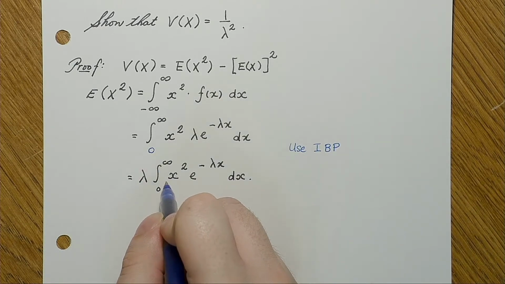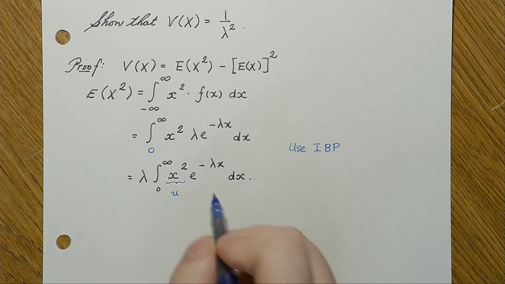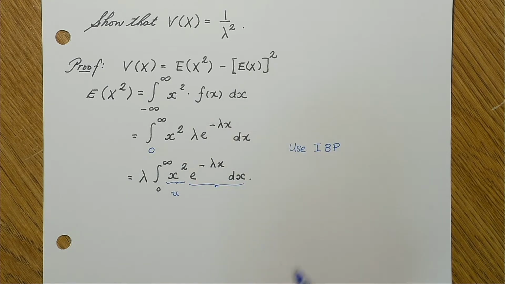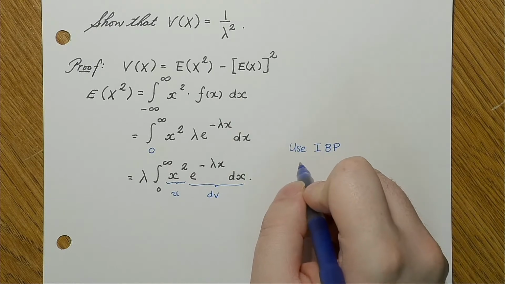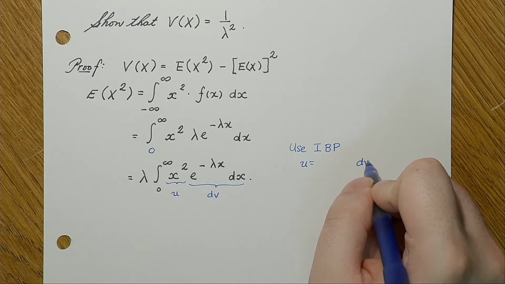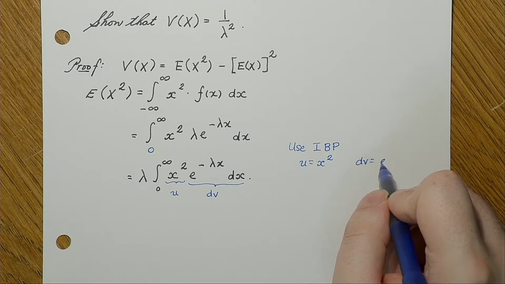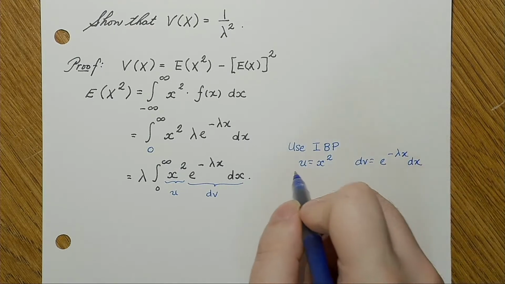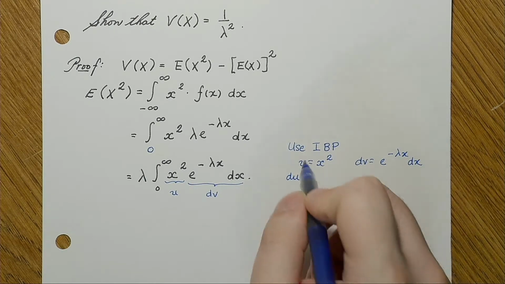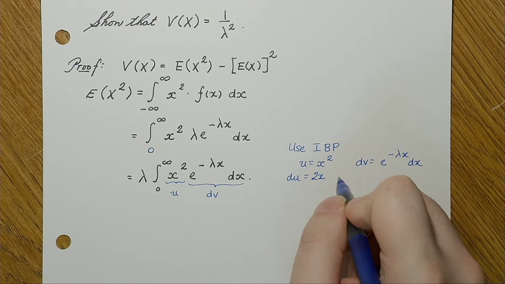So again, here is what I will call my u, and over here, this is what I'm going to call my dv. So I have my u dv. So in this direction, I'm differentiating, so I want 2x dx.